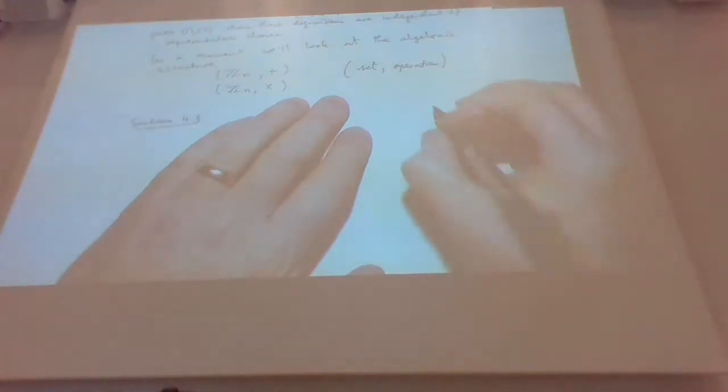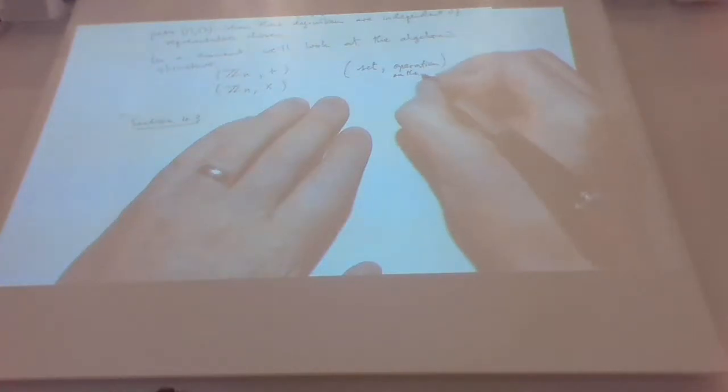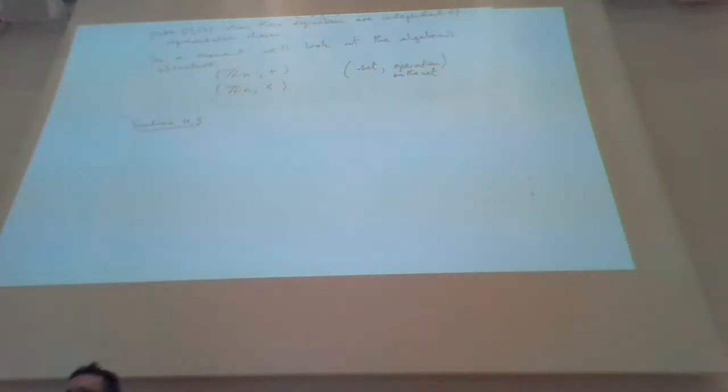They're pairs of a set and an operation on the set. This is an extremely common setup in mathematics, in algebra. We've got some well-defined set of objects and a nice operation on that set of objects.